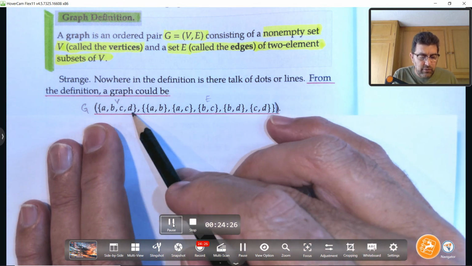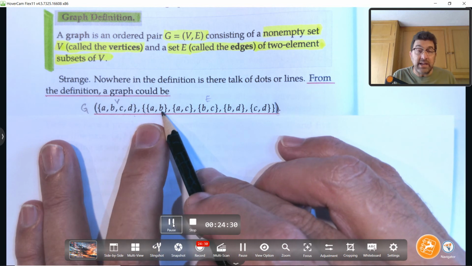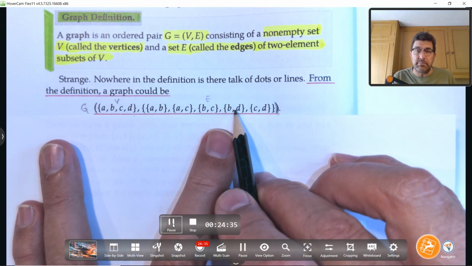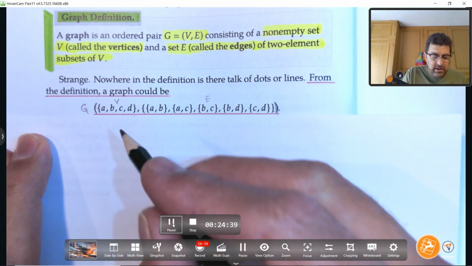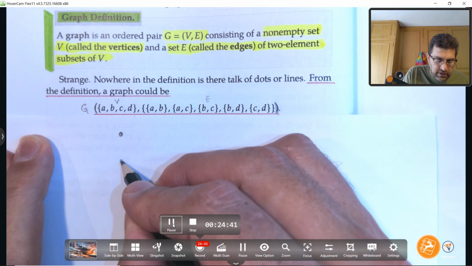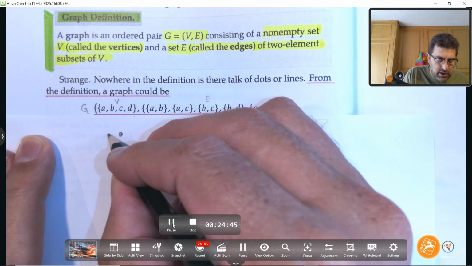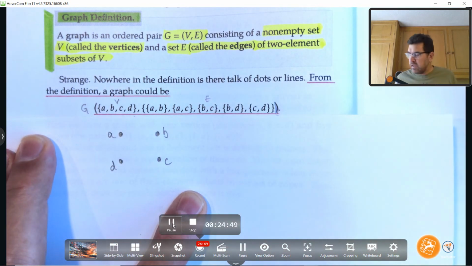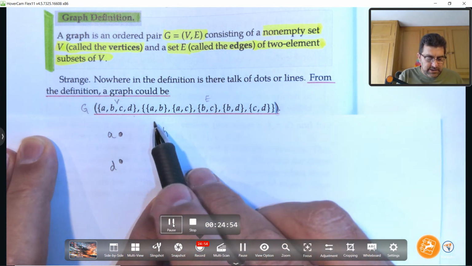So you have four vertices, A, B, C, and D. You have one edge AB, then an edge AC, then an edge BC, then BD, and then CD. So this could be a graph that looks as follows. A, B, C, and D. My pencil's going to shine in the light, so I'm going to go over to the pen.